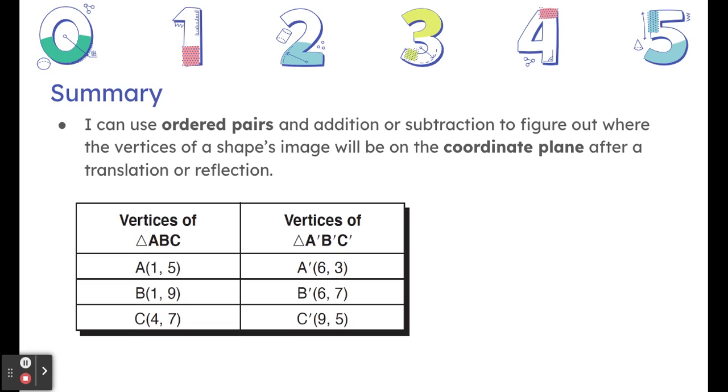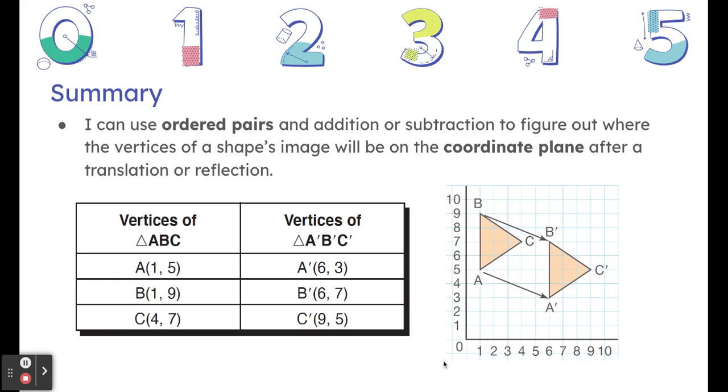And we were able to figure out the y-axis values using the same strategy. When we move down on the y-axis, the values get smaller. So to figure out the new coordinates for the y-axis, we subtracted 2 from the original.